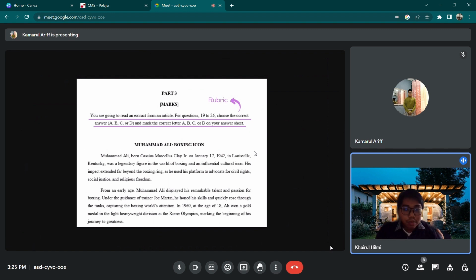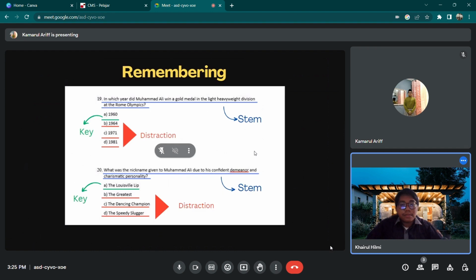Hello, my name is Muhammad Kamarul Arif. For part 3, this is the text, and the rubric is underlined with the purple color. Next. Okay, this is for the remembering question. The question is the STEM in blue.